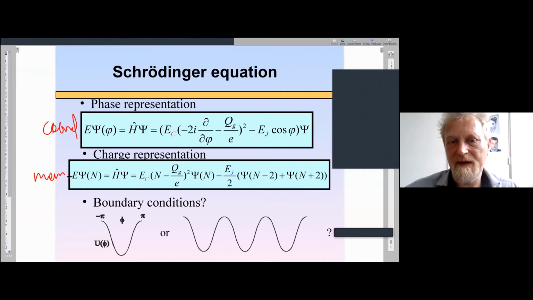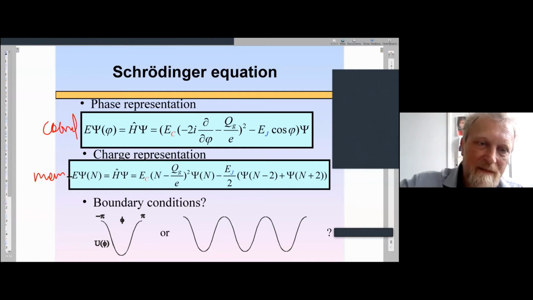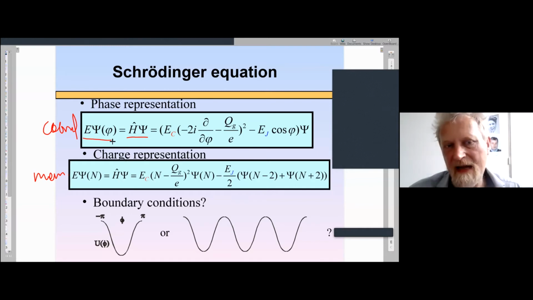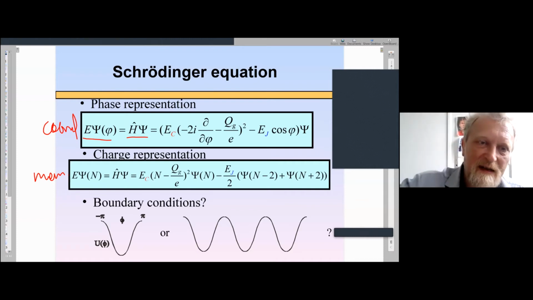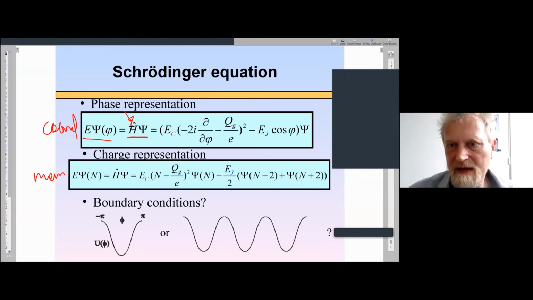Let me first talk about the phase representation. It is the Schrödinger equation for eigenstates of a Hamiltonian. This Hamiltonian is made from Josephson energy, and there, in phase representation, it is just a diagonal operator with elements which are cosine phi.